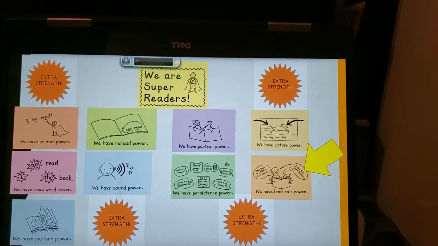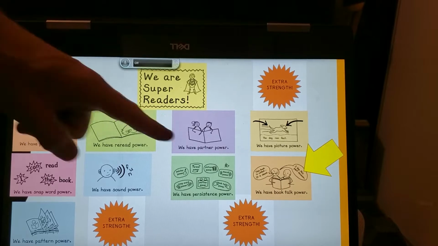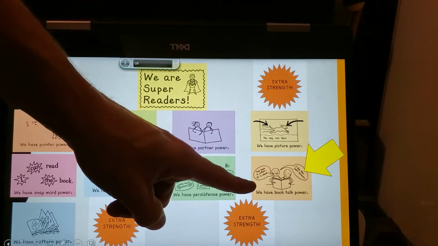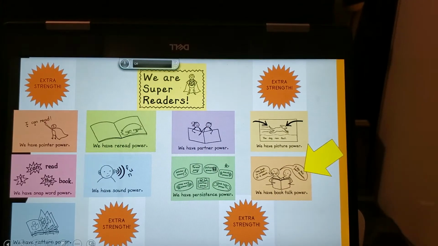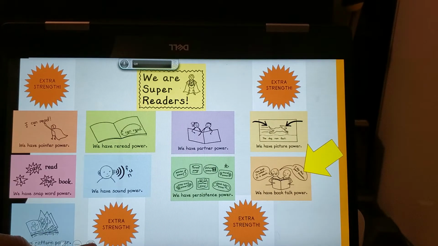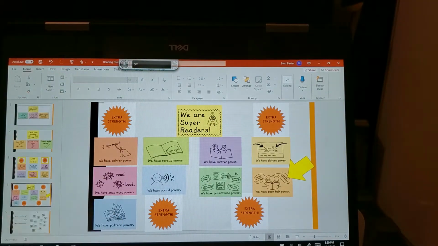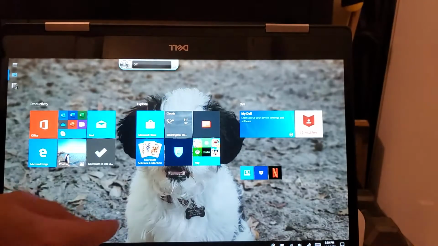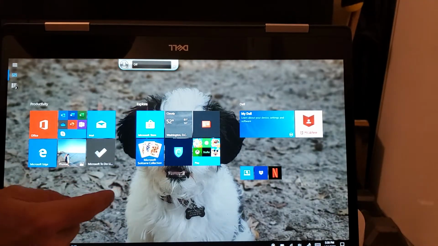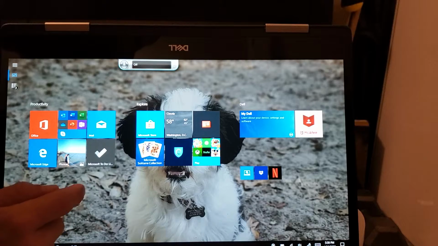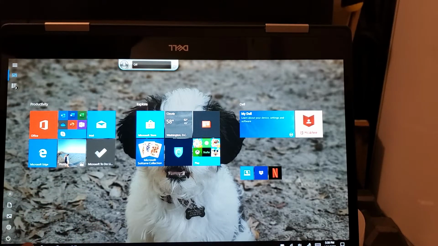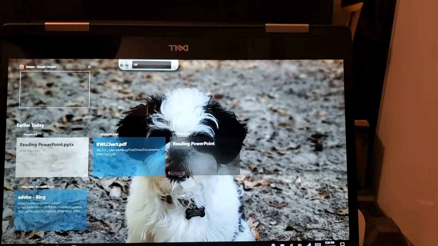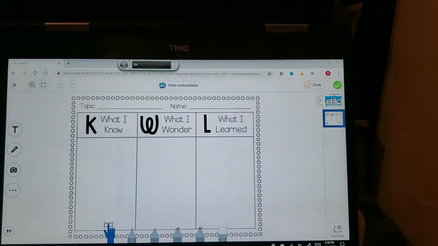We just said that we're going to be discussing, which means we're going to be doing some book talk. We'll be talking about what we learned in the book today. Here is what you guys are going to do. You are going to be filling out a KWL chart.